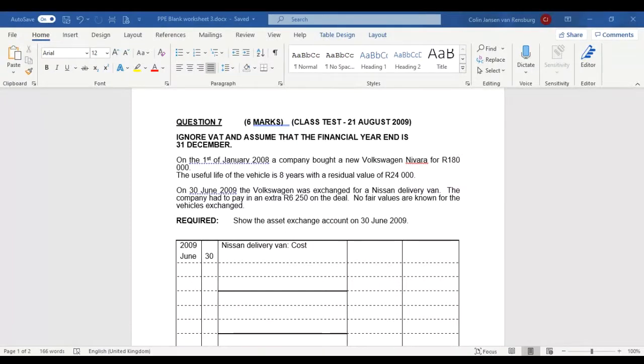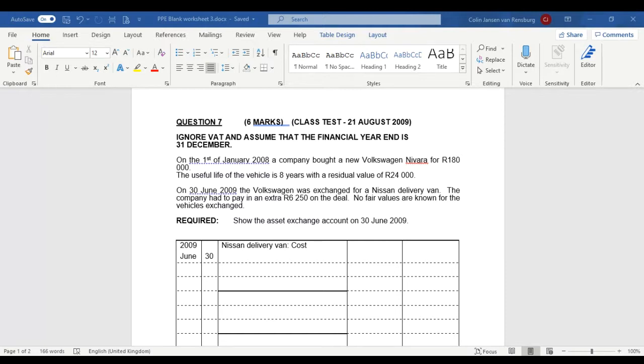What do we mean by the purchase price? The purchase price is basically what we pay for it, right? The purchase price is what we pay for it.